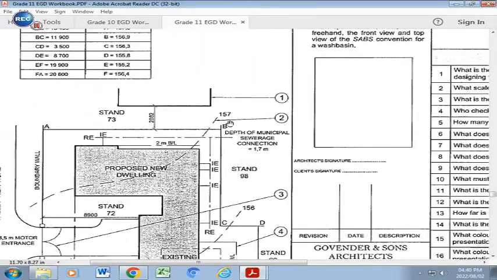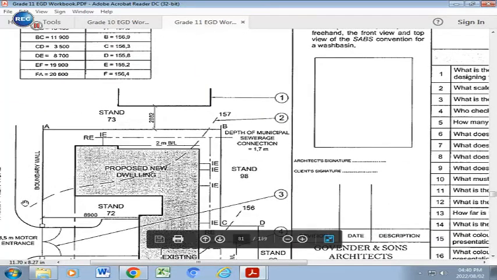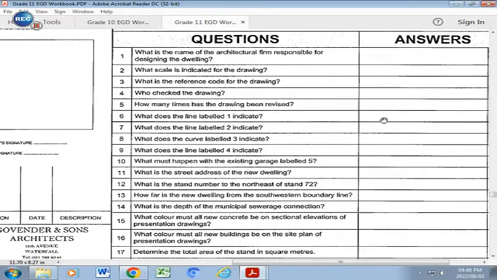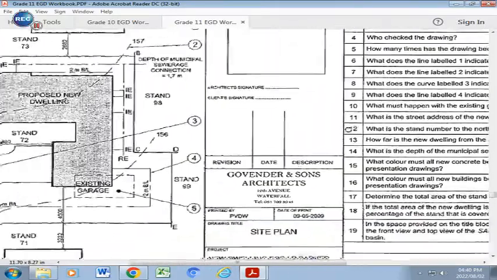And if you look at number 2, you will find it refers to this dash line that curves here on the site plan. That is a contour line which gives you height above sea level. So the answers must be placed in here. If you look at number 8, what does the curve label 3 indicate?